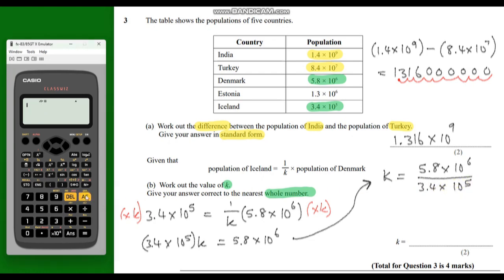So now let's put that into the calculator. 5.8 times 10 to the power 6 over 3.4 times 10 to the power 5 equals, and we get a very long number here. We need to round our answer, give your answer correct to the nearest whole number. So the nearest whole number, well, that's just going to be 17. So k is going to equal 17.